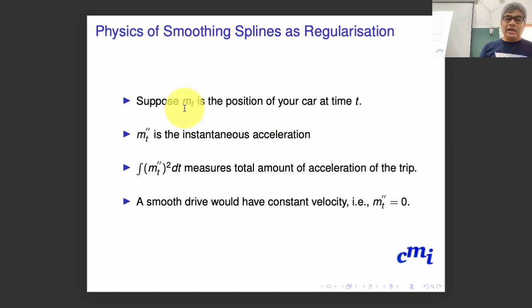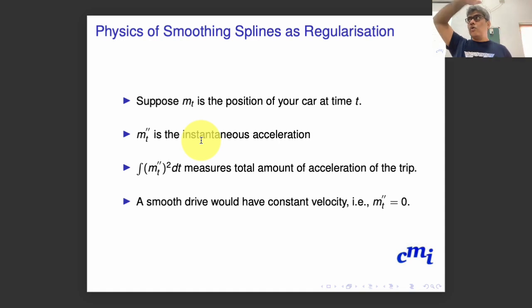So why does this penalty help you? Because m double dash t gives you the instantaneous acceleration. At a time point t, what is the acceleration? It tries to capture the acceleration in the system at that time point. If m double dash t is 0, that means it's flat.